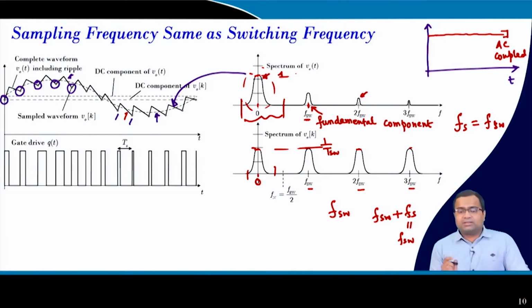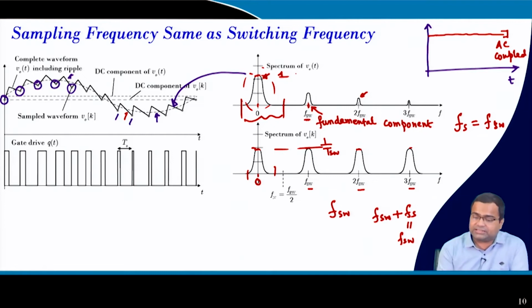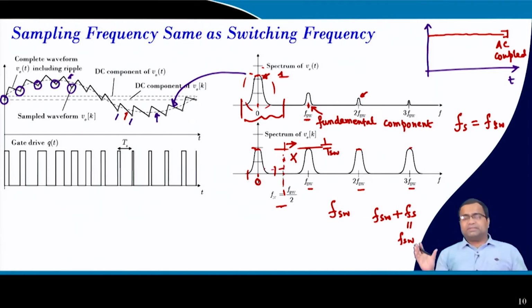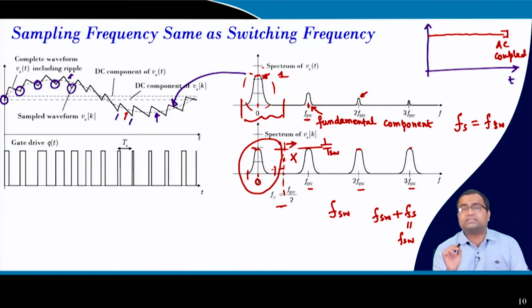But now, since our sampling rate is the same as the switching frequency, for the digital controller we can only see up to the Nyquist rate, which is half of the sampling rate. That means, in the digital controller nothing will come beyond this, only the components on the left side of this will come. So, as a result you will see only this part come into the picture.